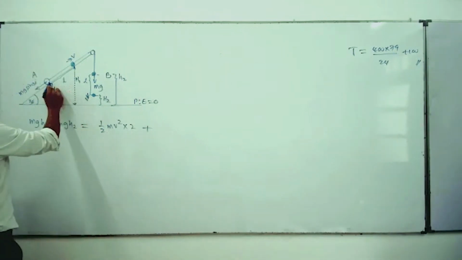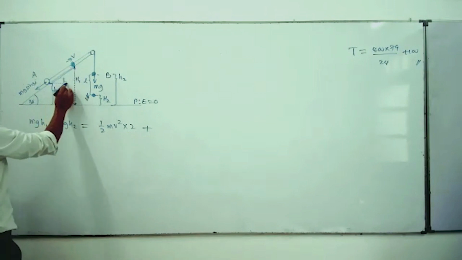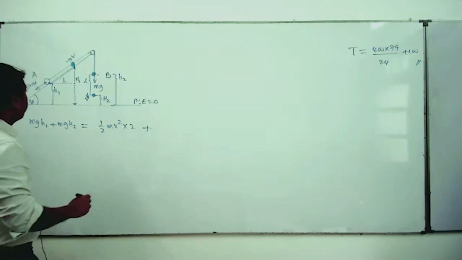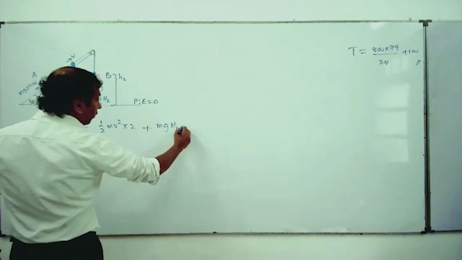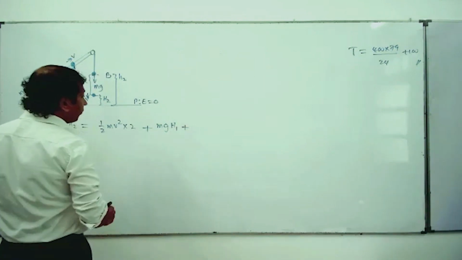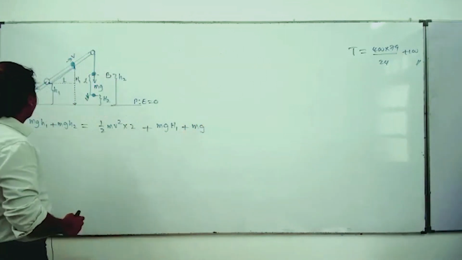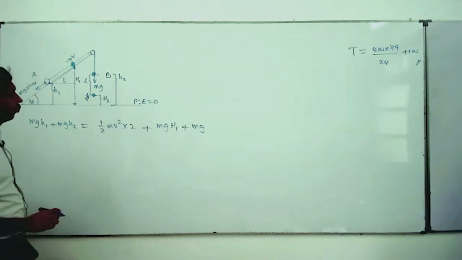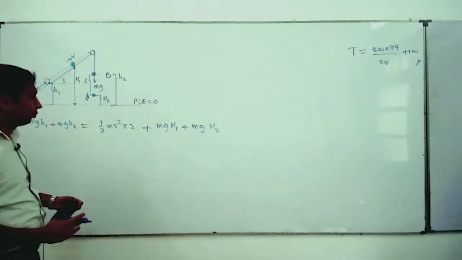When this particle reaches this position, what kinetic energy we wrote, and the potential energy we need: mg h1 plus mg H2.